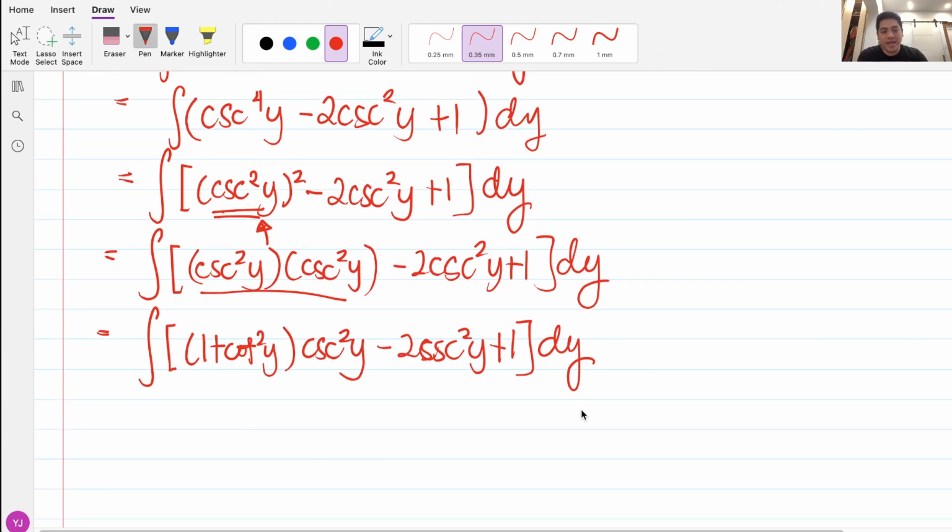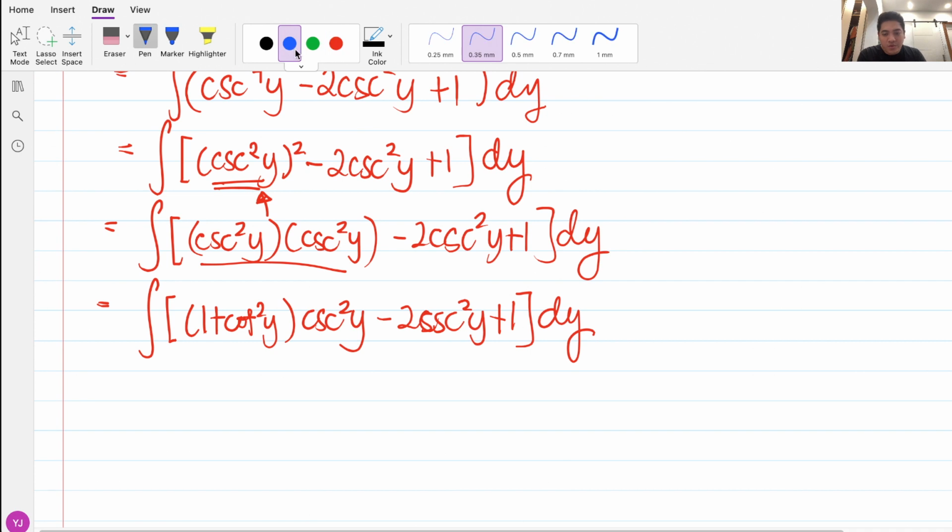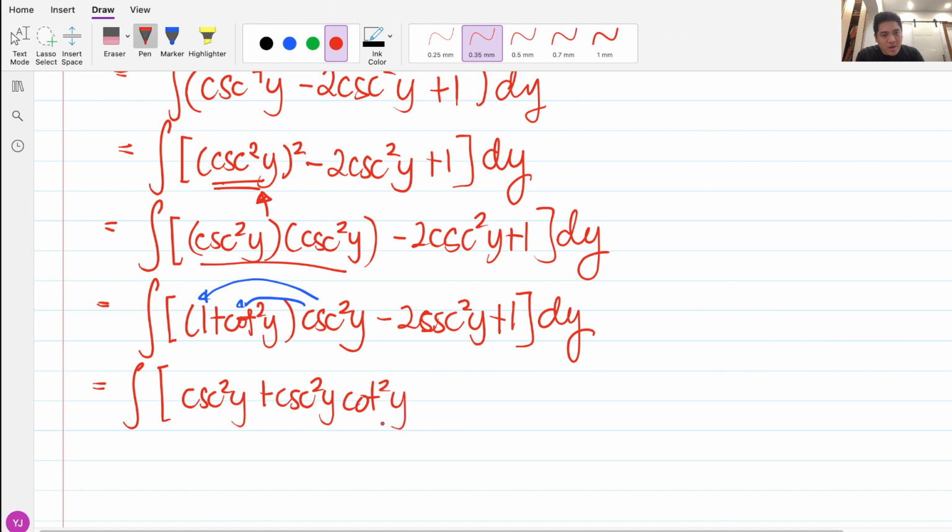We have cotangent again. So if I'm going to distribute this, I'll be having cosecant squared y plus cosecant squared y cotangent squared y minus 2 cosecant squared y plus 1 dy.